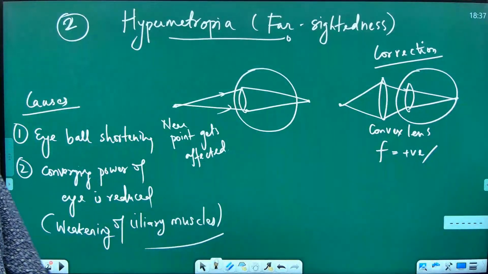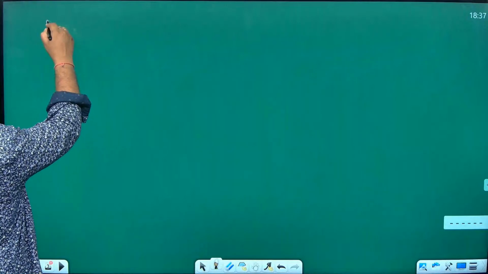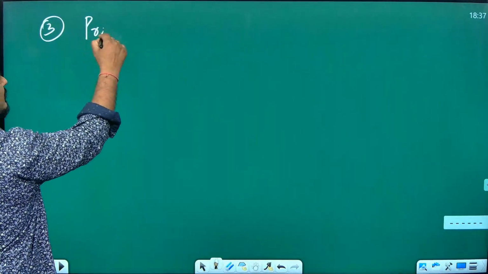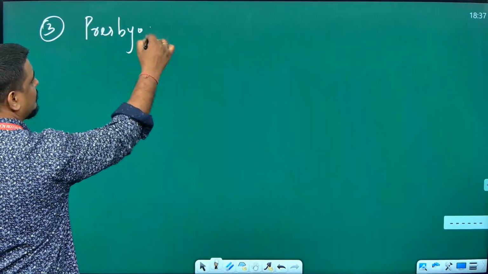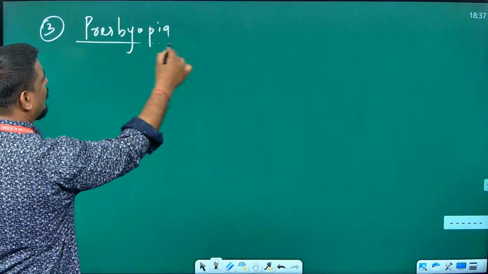Shall I go to the next topic? Yes, sir. The third kind of defect is presbyopia. Not much to learn about this.